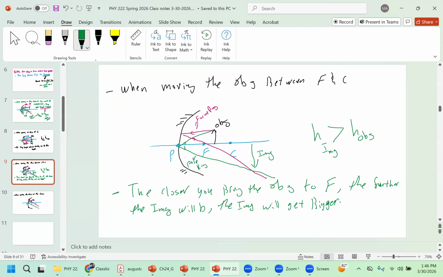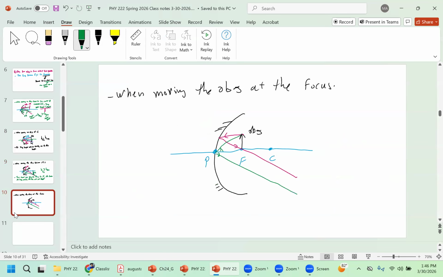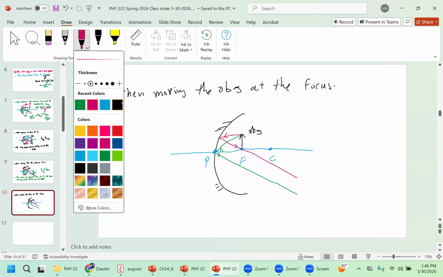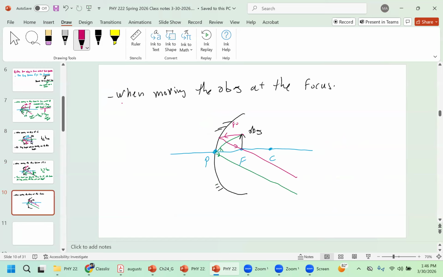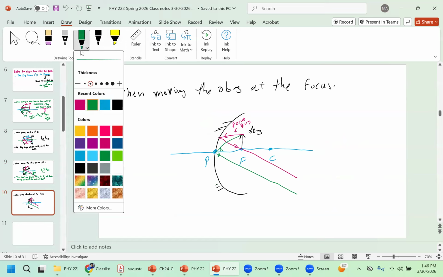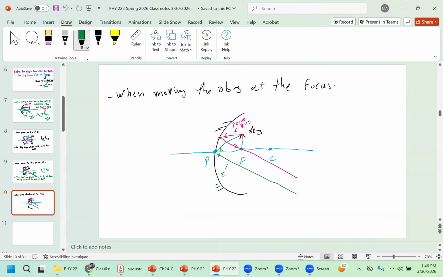And where they meet up, that's where we got the image formed. Now, in this case, you get your image ray, and your focus is going to go rather than that. So this is going to be your focus ray and your pole ray.